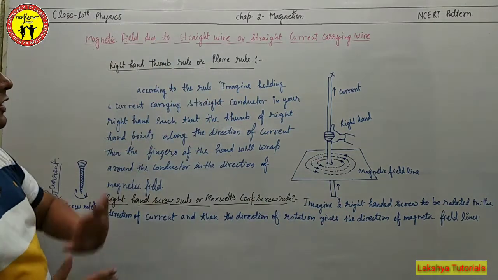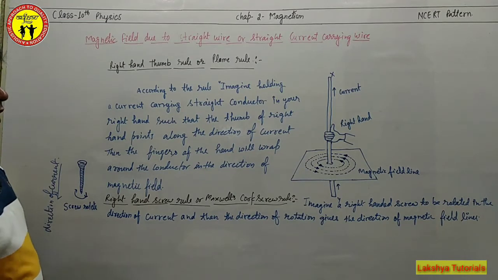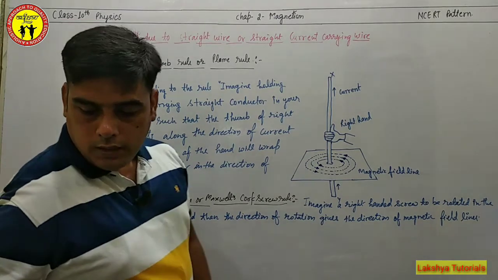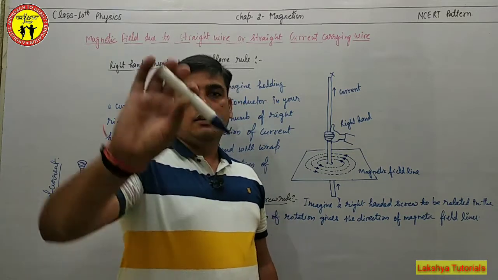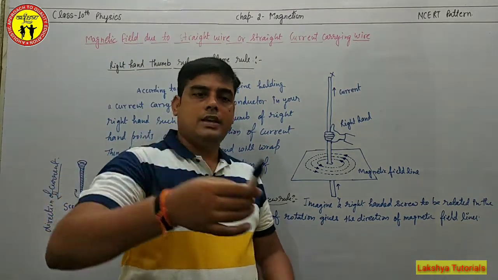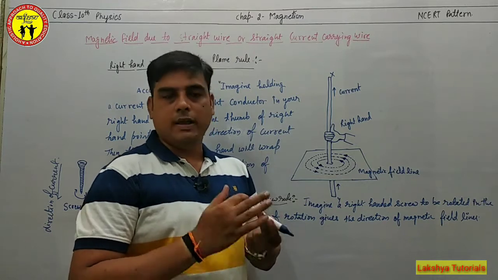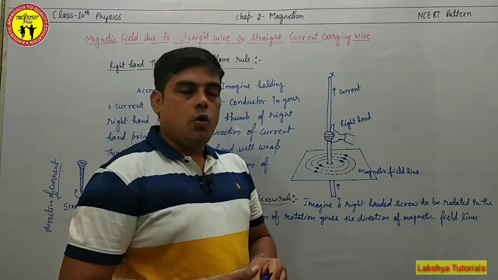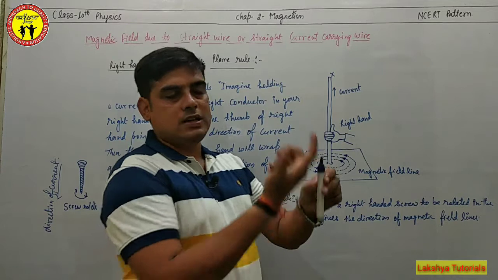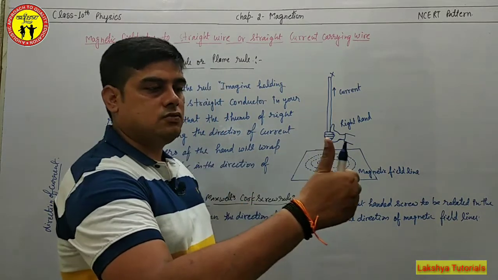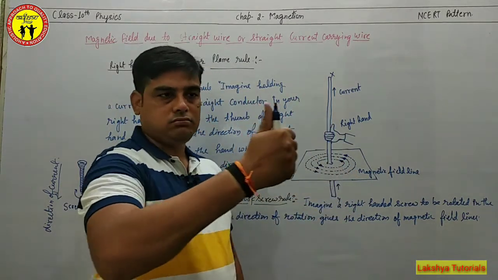तो according to this rule, let us consider this is a wire. In this case, if the current is moving downward, like ink flows, जैसे इसमें ink flow करेगी नीचे की ओर, or when the current is moving upward, you hold this wire like that.